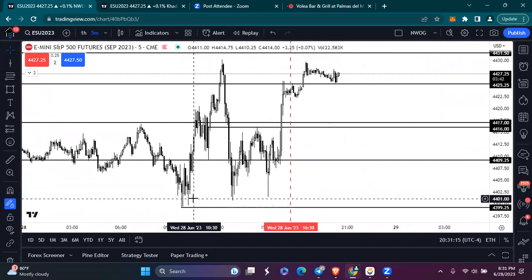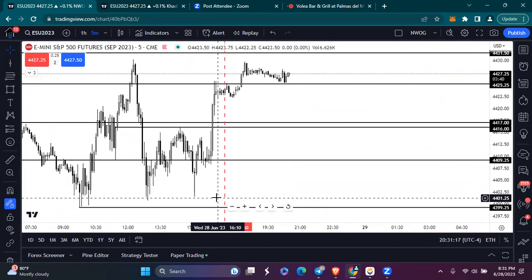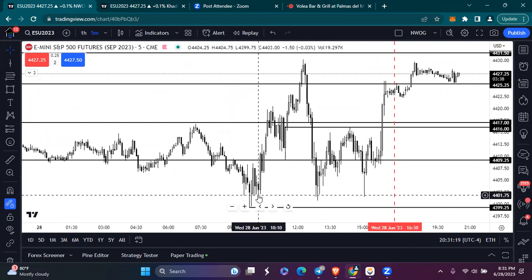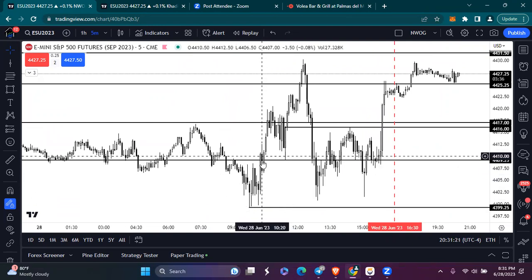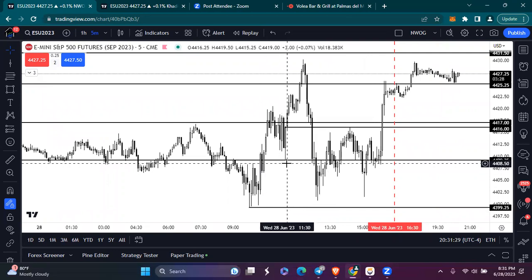And then this morning we had a silver bullet setup come in at 10:20. Could have got back in at... well, nah, that was after. That was 11:25.